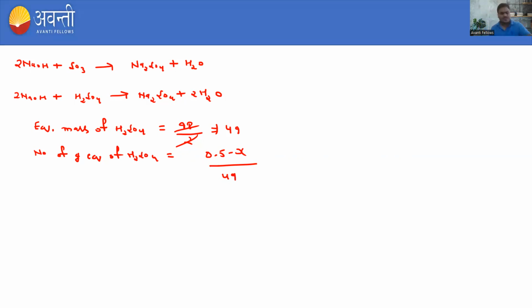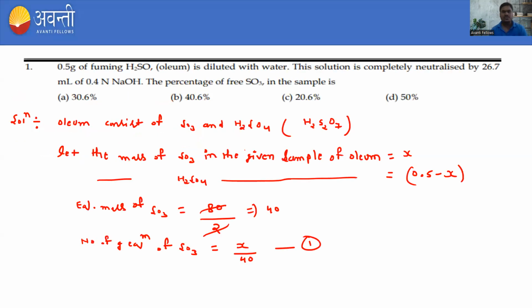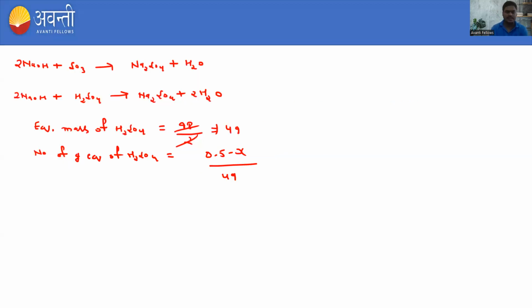Now, according to the question, it is given 26.7 ml of 0.4 normality NaOH. So this solution is completely neutralized, right?